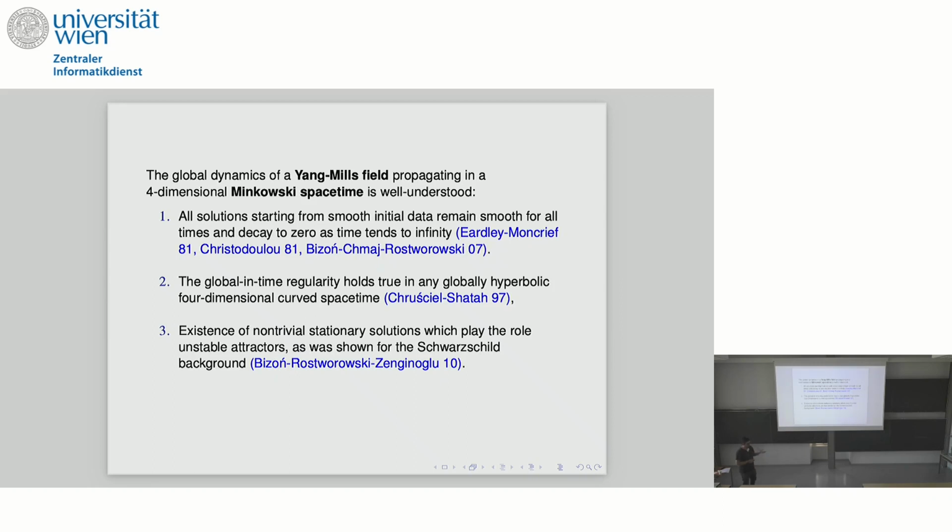And this is probably one of the most interesting situations for us because stationary solutions, let's say the equivalent to solitons, will be important for the long time dynamics.